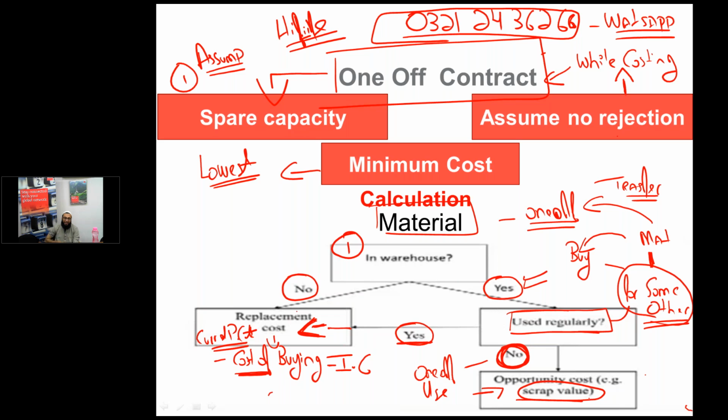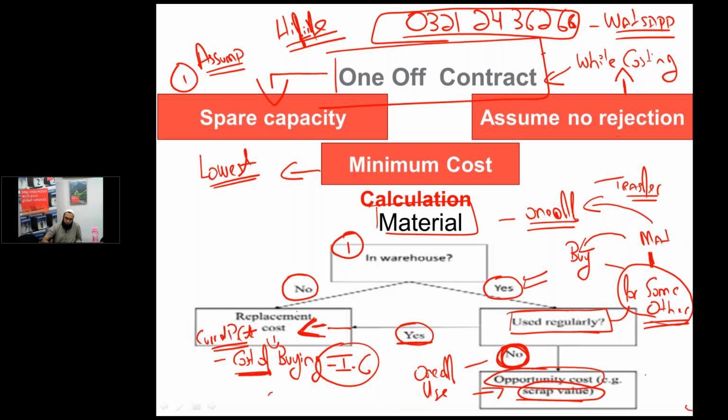If you have material and it is of no use, what you'll do is scrap it, and scrap will give you income. So my friends, that loss of scrap value of that material is the opportunity cost, because scrap would give you a benefit and you are losing that benefit. So that loss of benefit is the opportunity cost. This is again rule of 5, opportunity cost. This was incremental and this is opportunity cost. Are you getting my point?